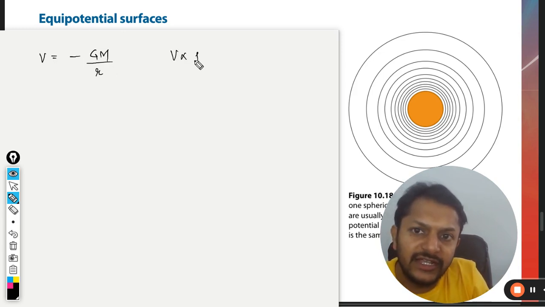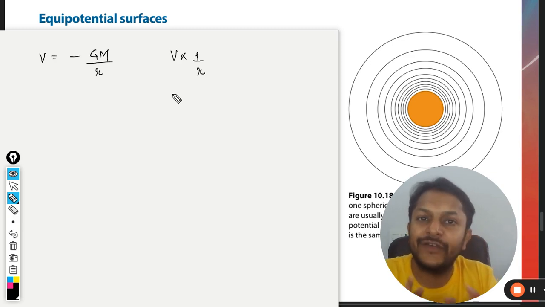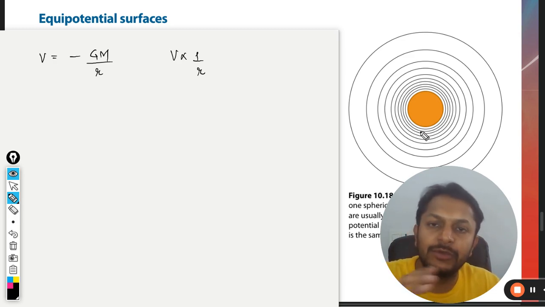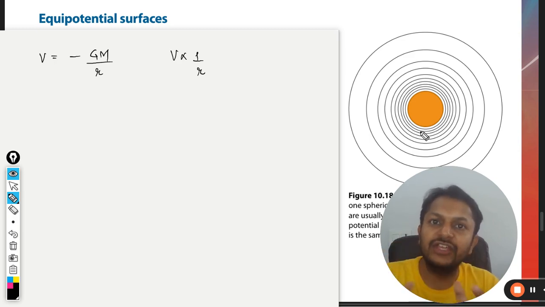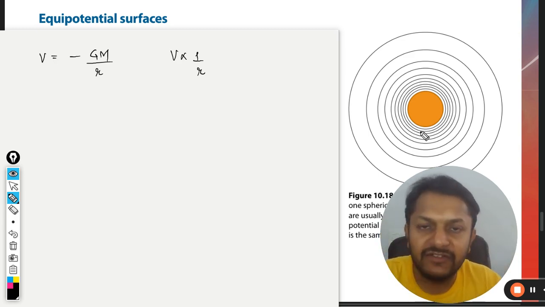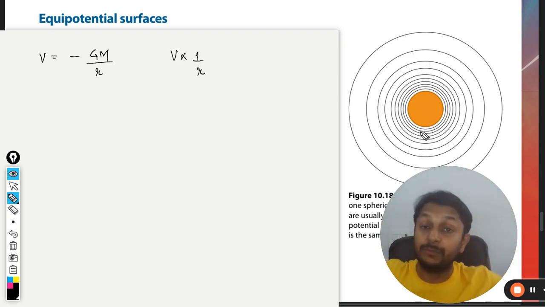So potential is inversely proportional to R, which also means that if you fix the value of R, you fix the value of potential. So these are all spheres that they have drawn because Earth is a sphere. So there is a spherical symmetry in gravitation. There are concentric spheres having the same center, but one surface is covered with another. This is covered with an even bigger surface.